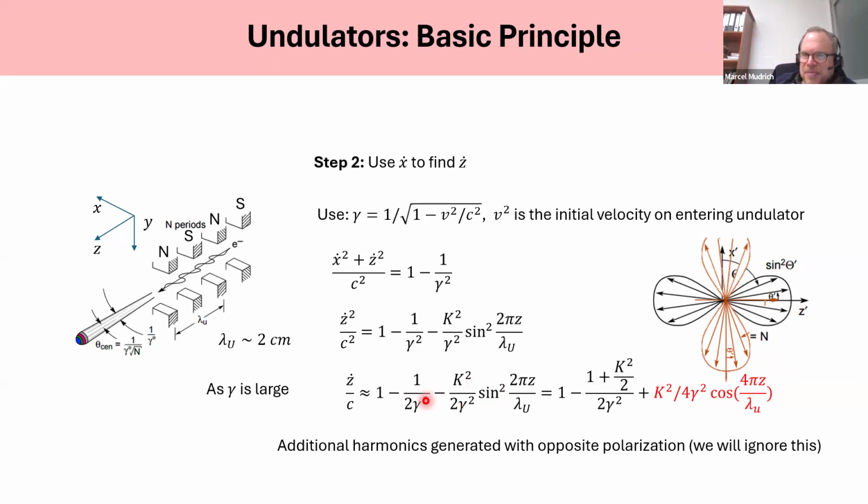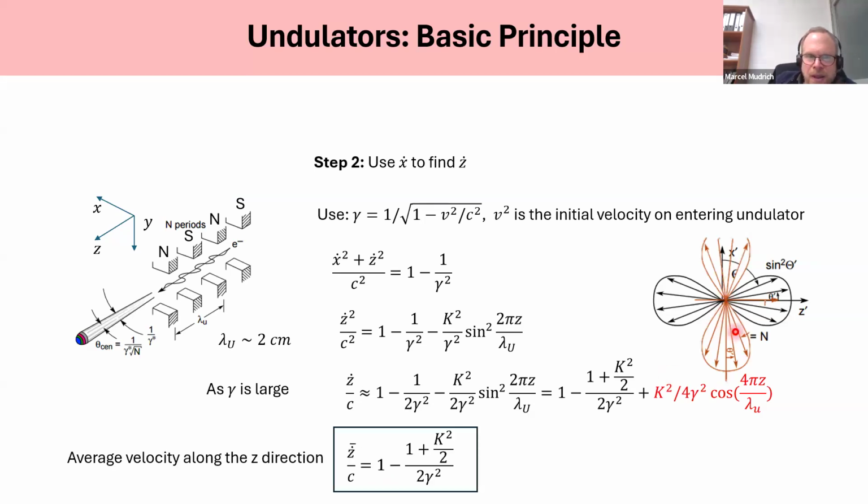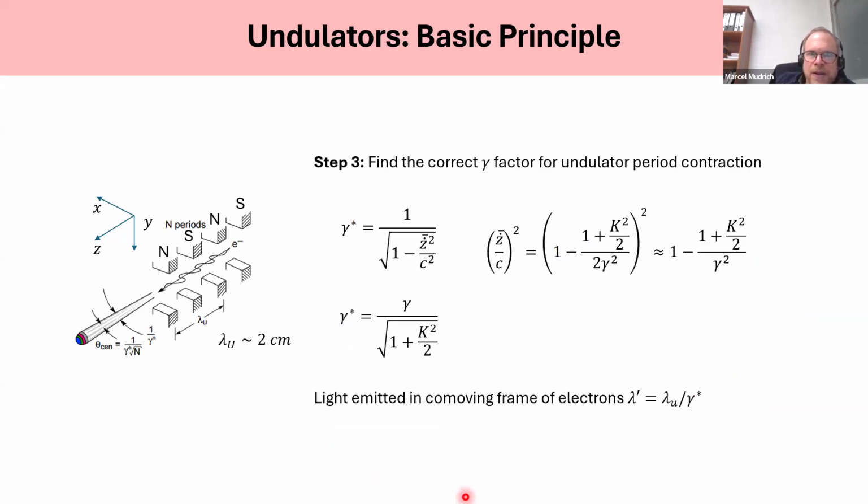So this gives a cosine term emission in the perpendicular direction. Additional harmonics are generated with opposite polarization to the main emission pattern. But if we take the time average, then the oscillatory term cancels out, and in the time average, we are left with such a formula.